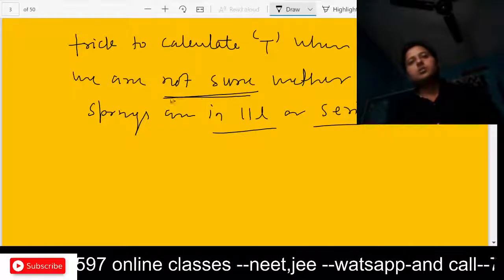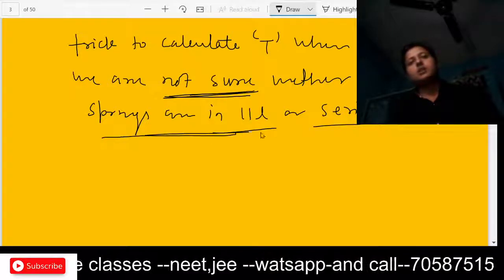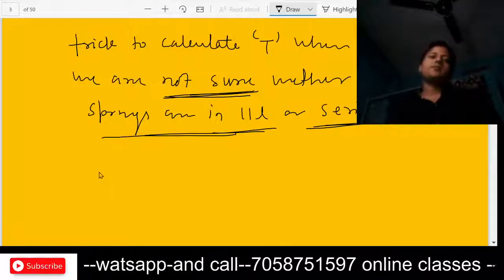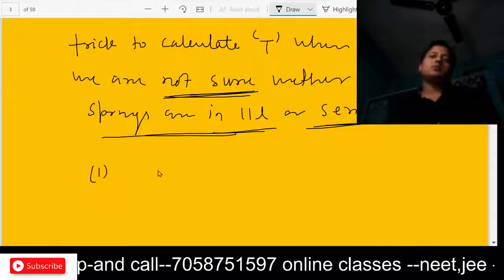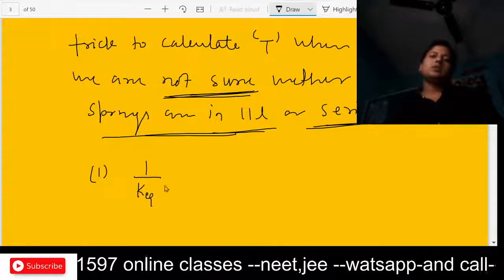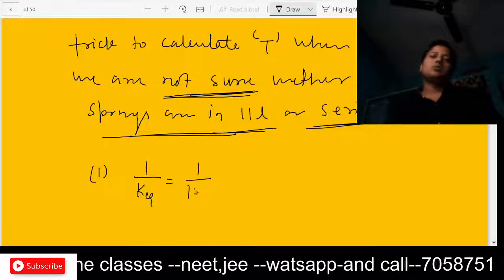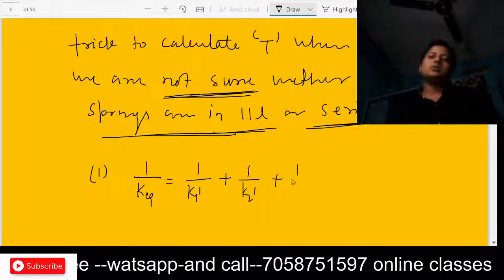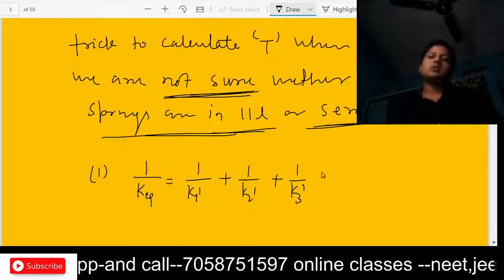Not sure whether springs are in parallel or series. Then in that case we have to use 1 over k equivalent equals 1 over k1 dash, 1 over k2 dash, 1 over k3 dash, and so on.